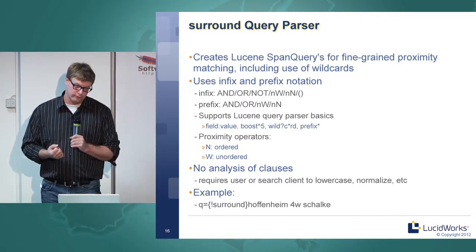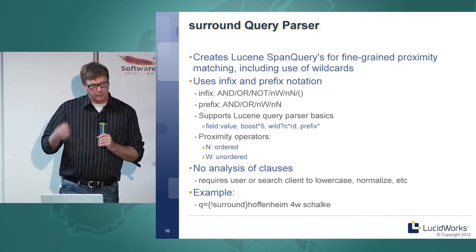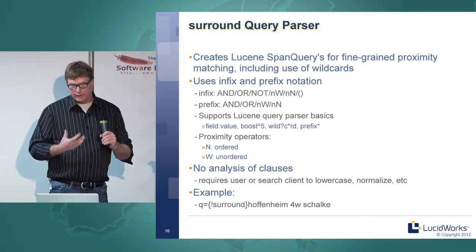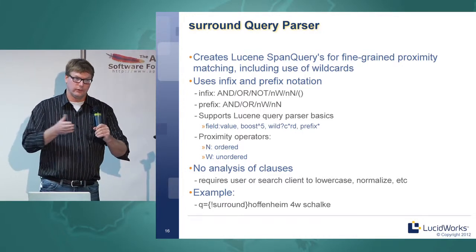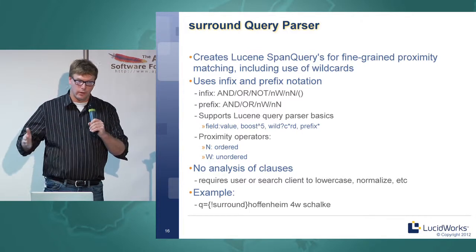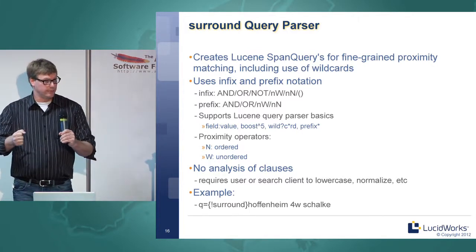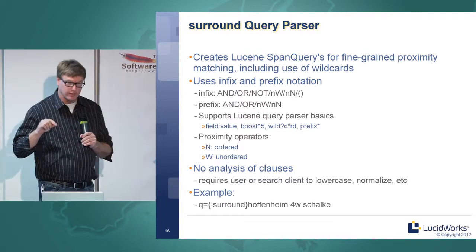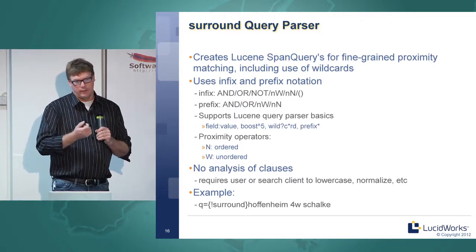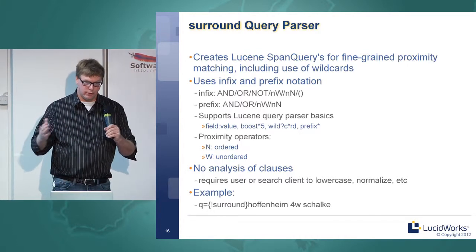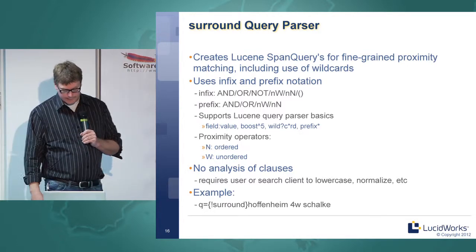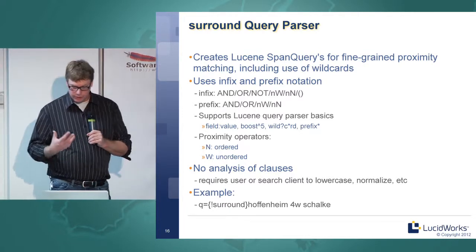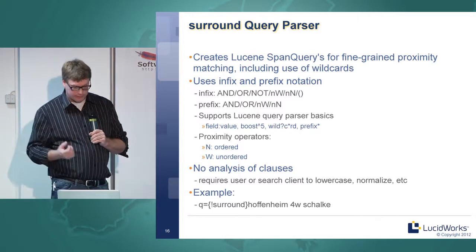That would be a nice one to add, actually. Wildcards and prefix queries and fielded queries. Okay, so no phrase queries. Phrase queries basically are implicit because you can say this term within one of another term in an ordered manner. And so you have these operators where you can say W or N and provide the value of the proximity there, so it will generate very rich queries for proximity.